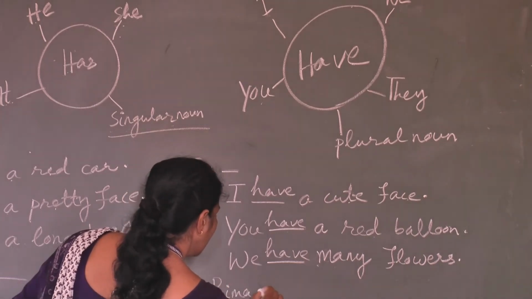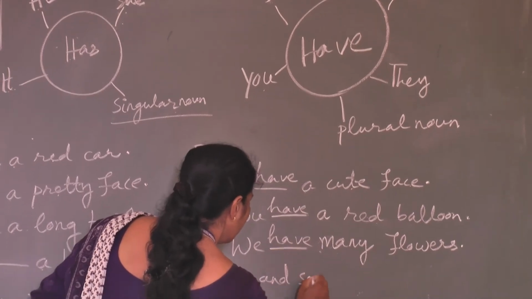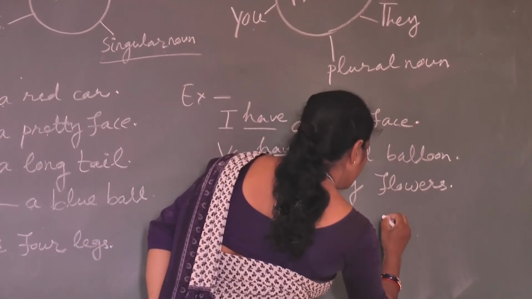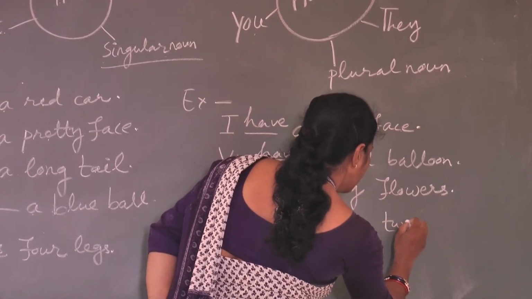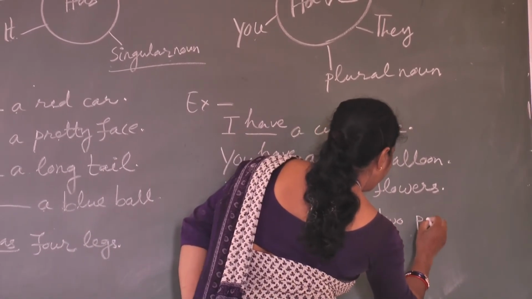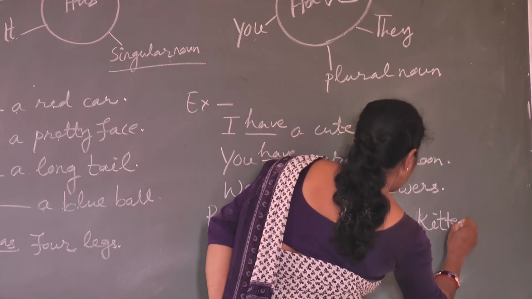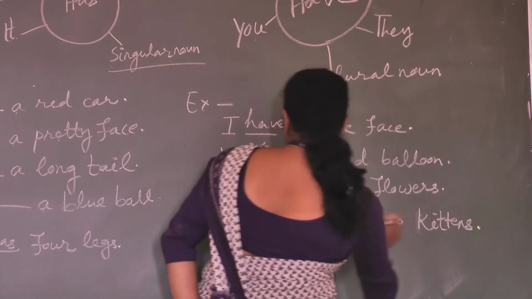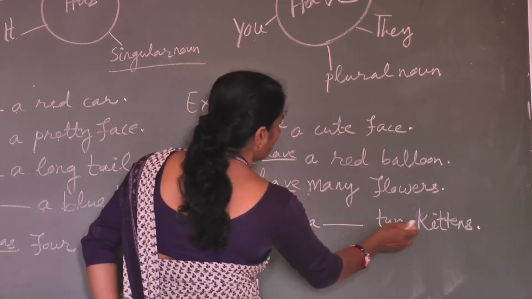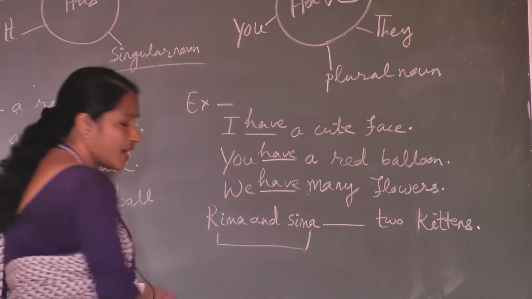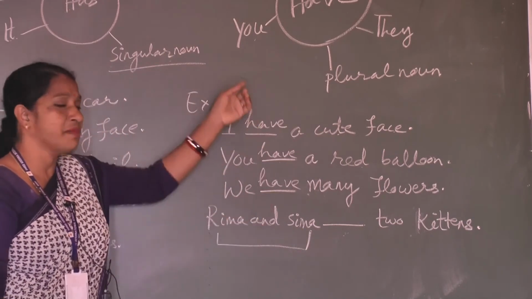Rima and Sima dash 2 kittens. Is there any word Rima and Sima here?